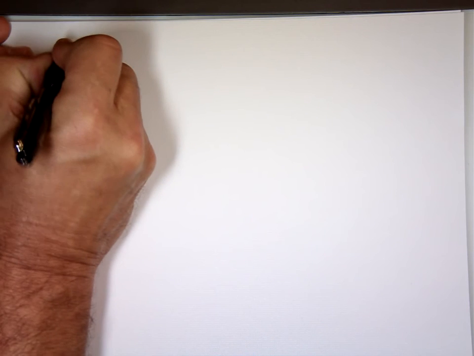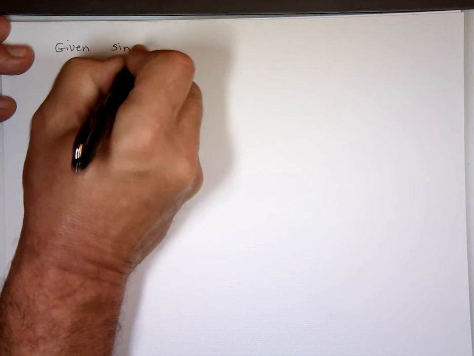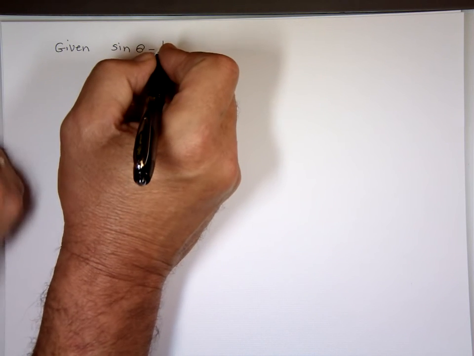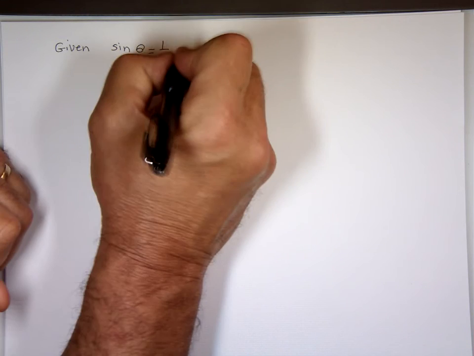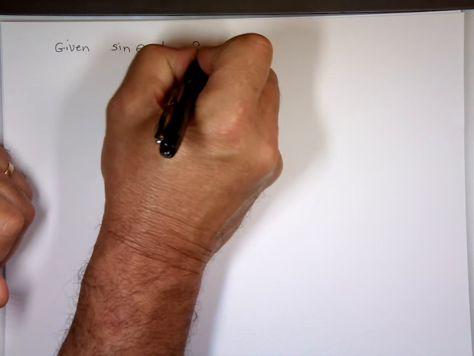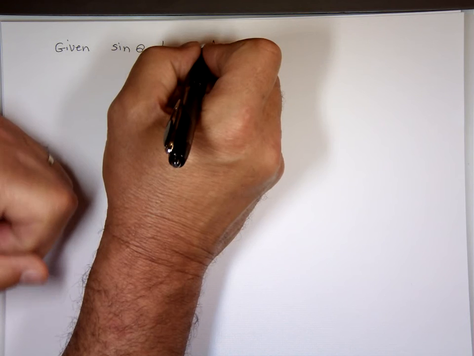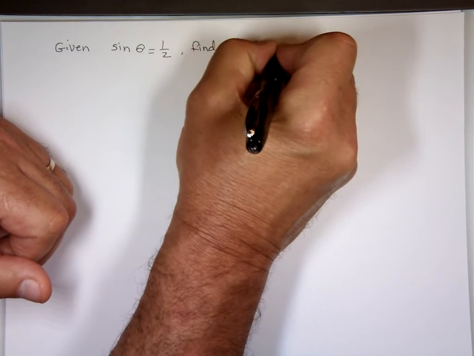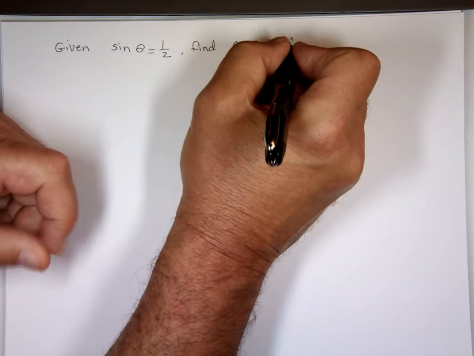Changing the question a little bit, given sine theta equals 1/2, no calculator here, find cosine theta and cosecant theta.